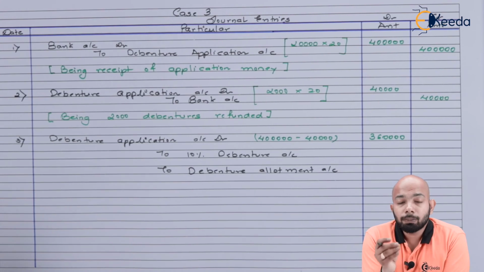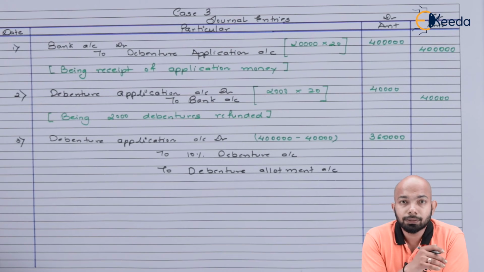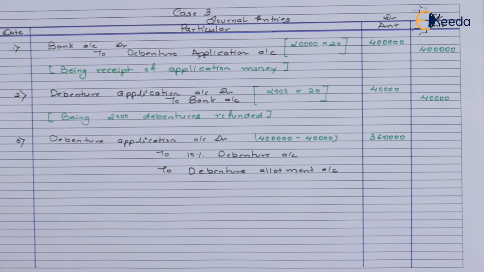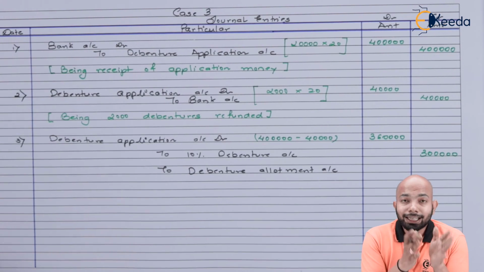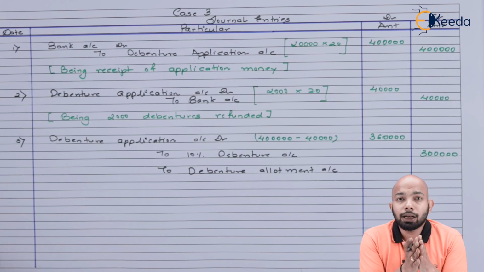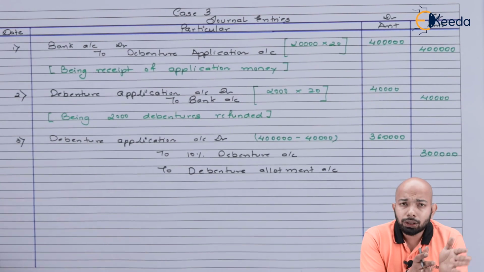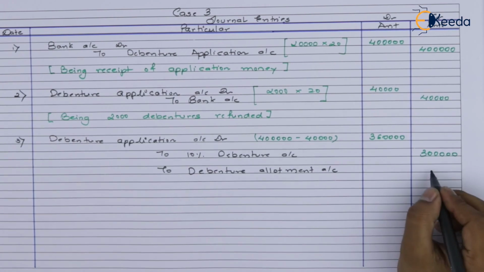Now, application amount will refer only to the total number of applications that we could allot here, and that will be 15,000 in total. So 15,000 multiplied by the application money, that is 20 rupees. So debenture application that can be transferred to debenture capital is only 3 lakh rupees. So the additional 60,000 is what we have that can be utilized whenever we go ahead with the allotment money due.